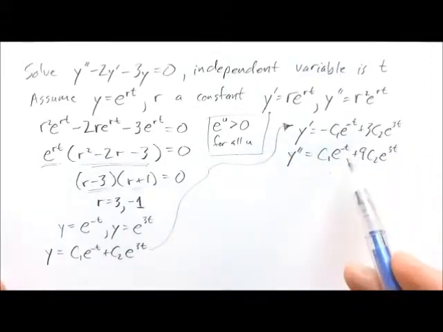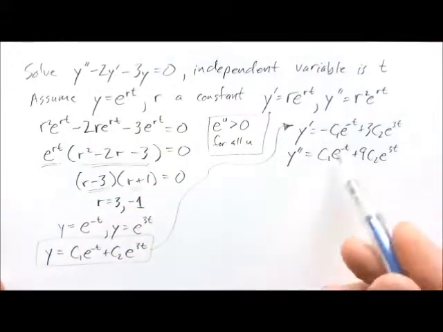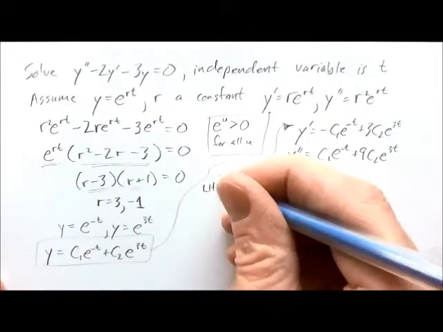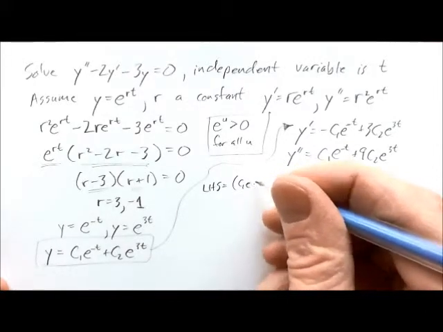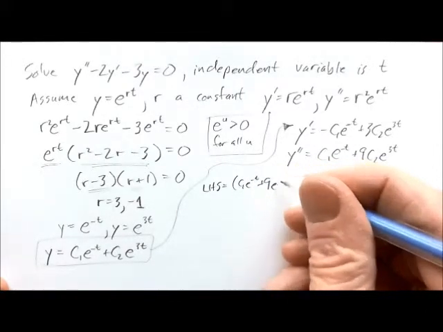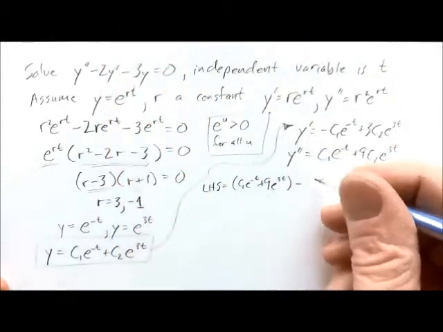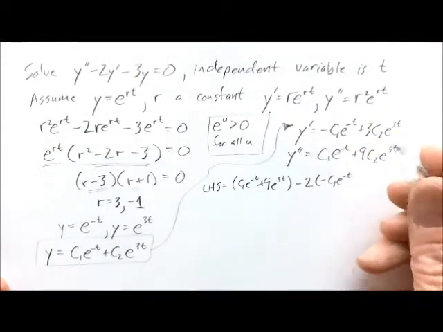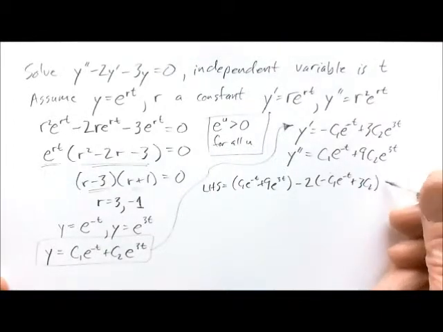And what we want to do is see if this function here is a solution to our original ODE. So let me put these guys into the left-hand side and see if we in fact get 0. So the left-hand side equals the second derivative, so that's going to be c1 e to the minus t plus 9 c2 e to the 3t, minus 2 times y prime, so that's negative c1 e to the minus t plus 3 c2 e to the 3t.